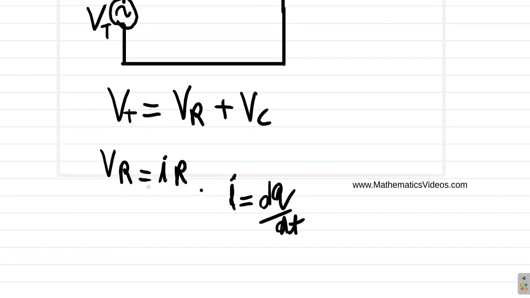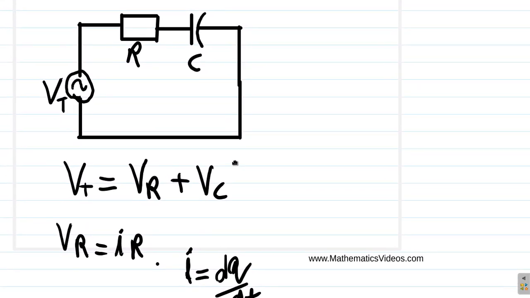So therefore, substituting I here, we say voltage across the resistor is R, let's put R on the left and I on the right, R times dq by dt. Alright.